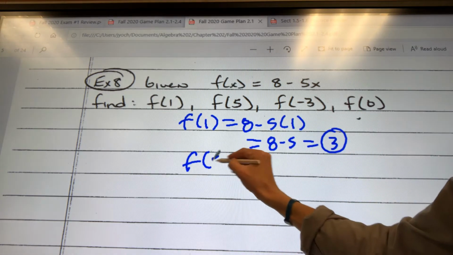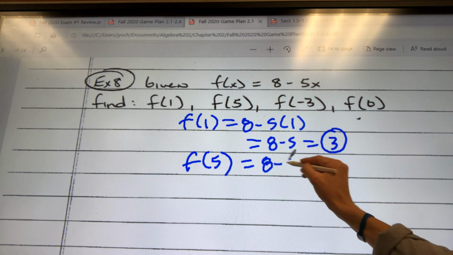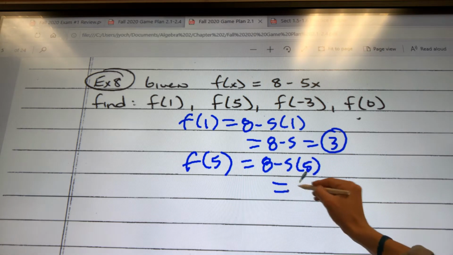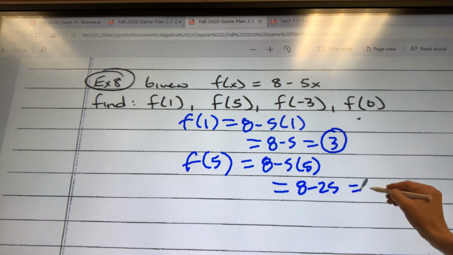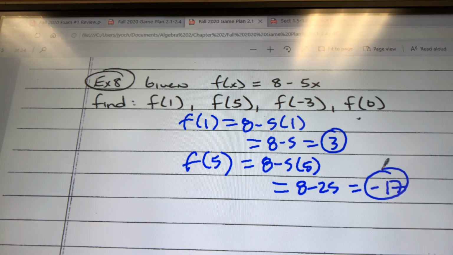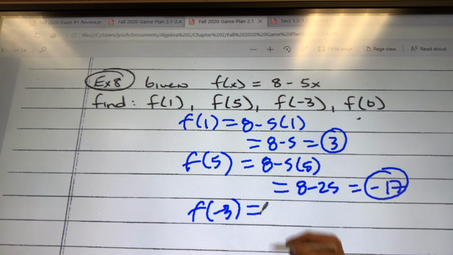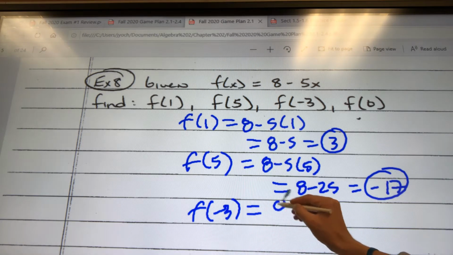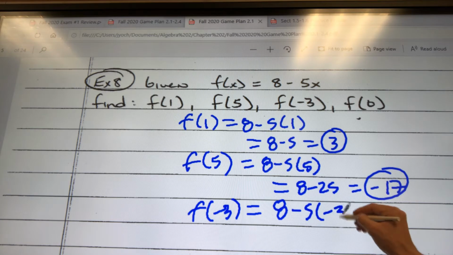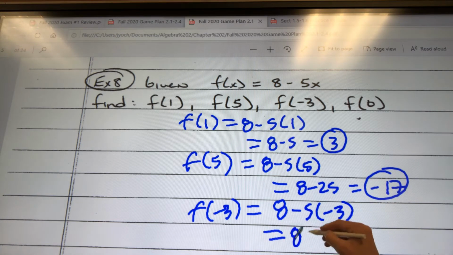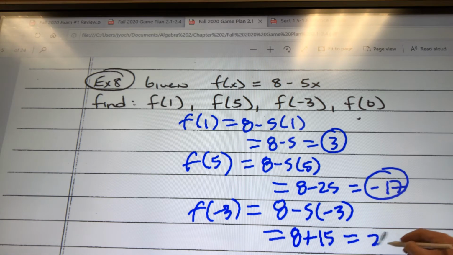F of 5 is 8 minus 5 times 5, 8 minus 25, which is a -17. F of -3, can you see that, is an 8 minus 5 times a -3, which is an 8 plus 15, 23.